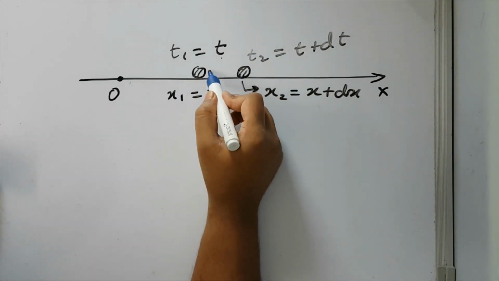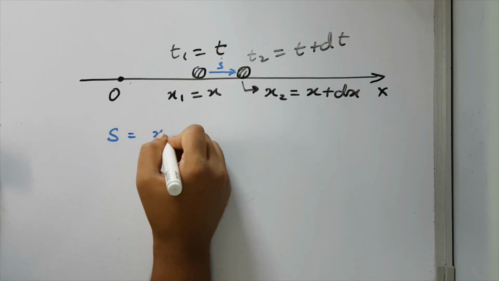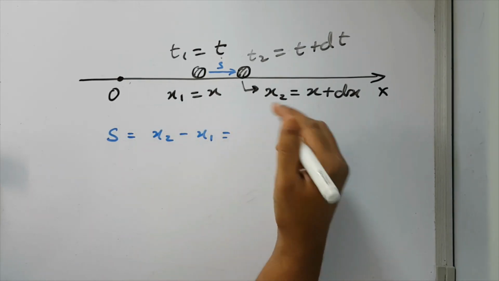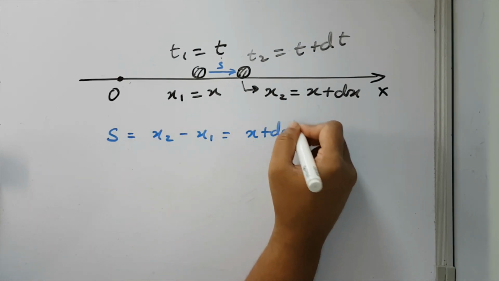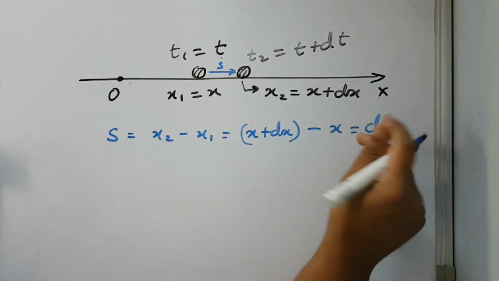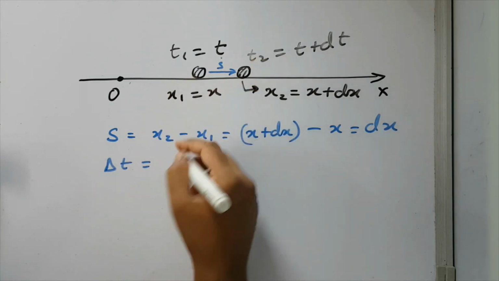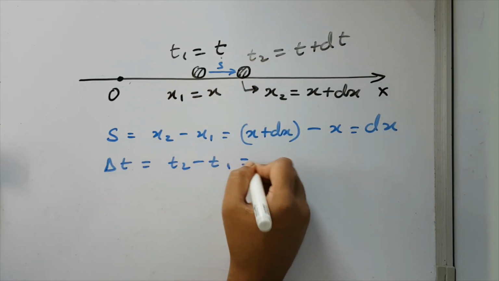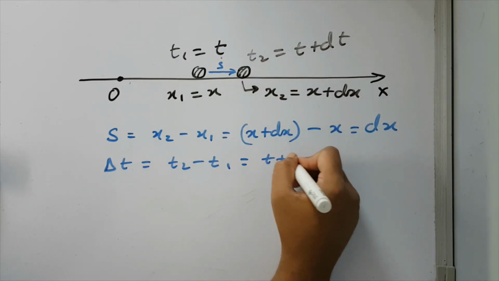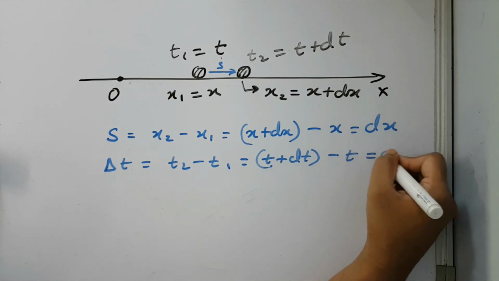So from this you could see that this is the displacement, this is s. In this case, s would be equal to x2 minus x1. What is x2? X plus dx minus x, so the displacement is dx, and the time interval delta t would be final time t2 minus t1. So what is the final time? T plus dt minus initial time t, so that is dt.